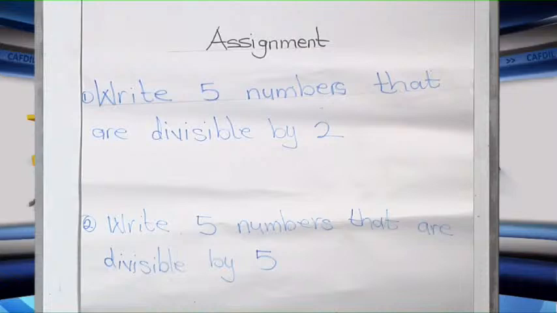And the second one says, write 5 numbers that are divisible by 5. This time, if you see any number that is divisible by 2, you can quickly tell. And also, any number or numbers that are divisible by 5, you can say it as well.